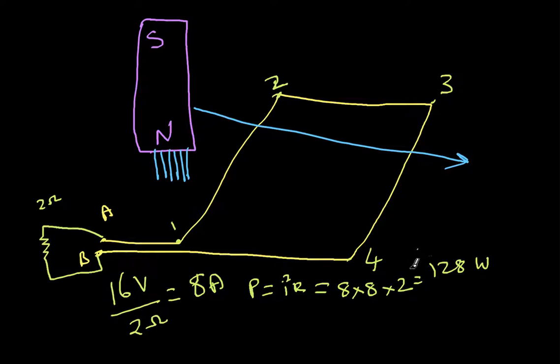So this much power is consumed, and if you remember the previous experiment, the EMF was maintained at 16 volts for a duration of 1 second. So this 128 watts is the power, and if I multiply it with the time of 1 second, I get 128 joules of energy.